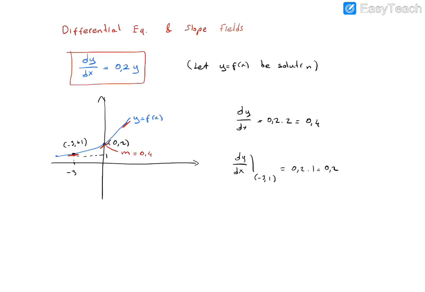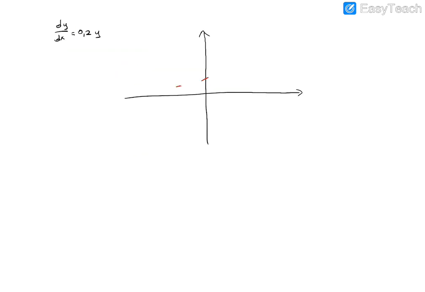Actually, as you see, this does not depend on x. So when y equals 1, the slope is always 0.2. So we have the same tangent line slopes. When y equals 2, the slope is always 0.4, like this one, like this one, like this one.